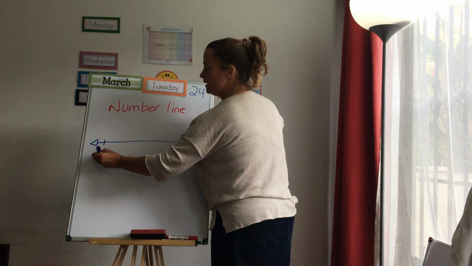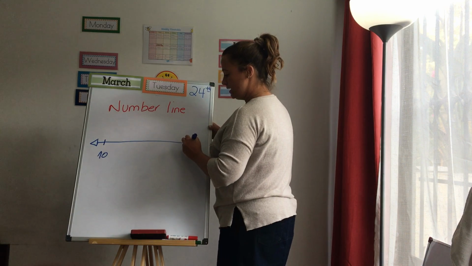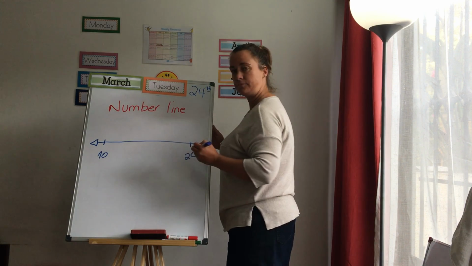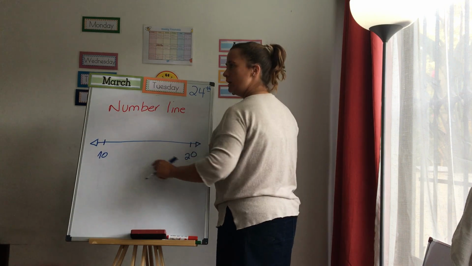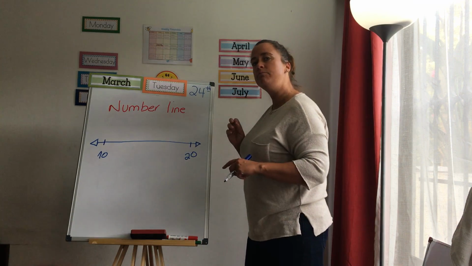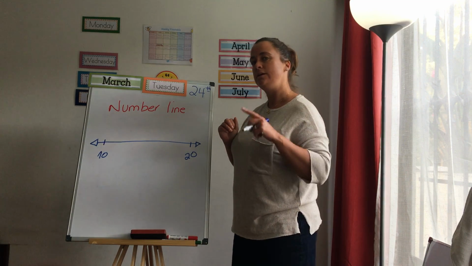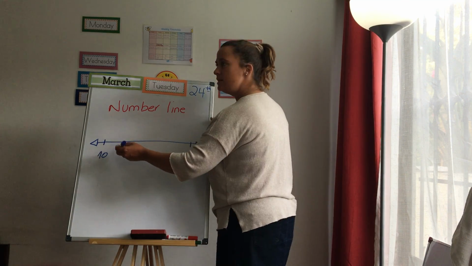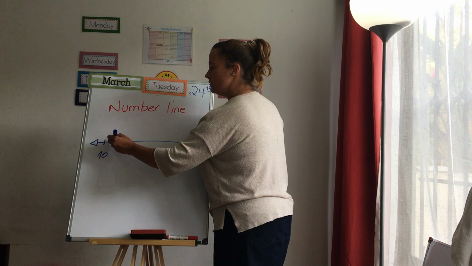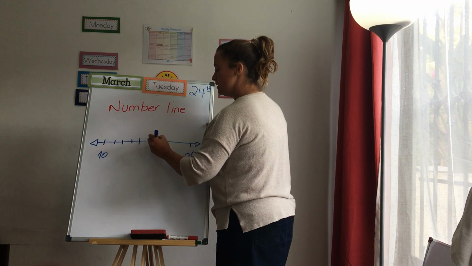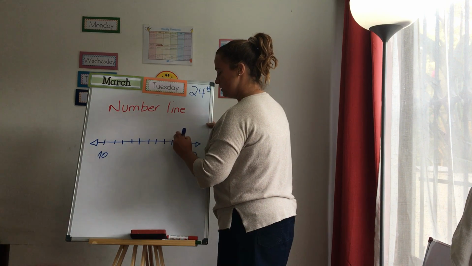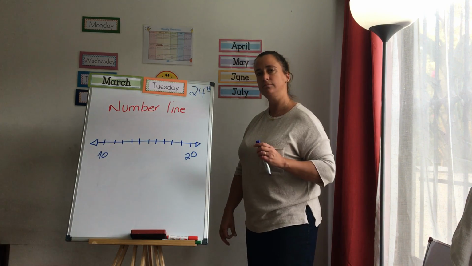I give you a 10 and I give you a 20, yeah? And in the middle, between 10 and 20, how many numbers do I have? Yes, good. I've got 10 numbers. 10, 11, 12, 13, 14, 15, 16, 17, 18, 19, 20.